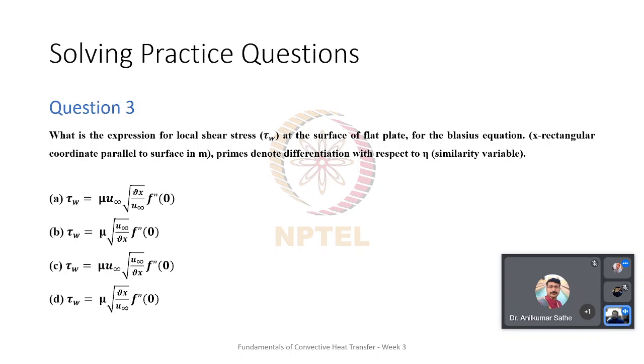Option C says tau w equal to mu into u infinity under root u infinity by nu x into f double prime naught. Or is it option D, tau w equal to mu into under root nu x by u infinity into f double prime naught?